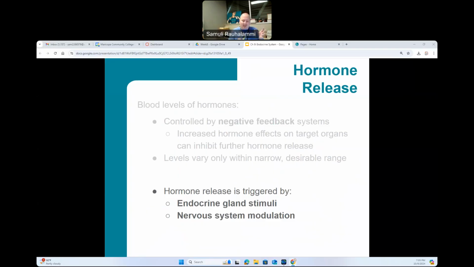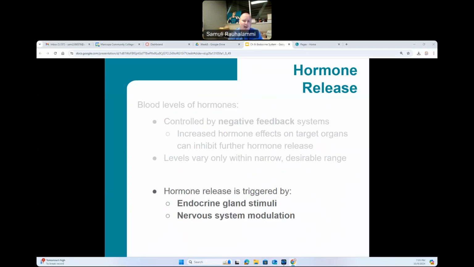So often we end up seeing this kind of chain-like mechanism, where one hormone triggers the next hormone, which triggers the third and fourth, and so on and so on. So that's one of the big things to notice, that often we do end up seeing that these are pathways of steps, how hormones work together.